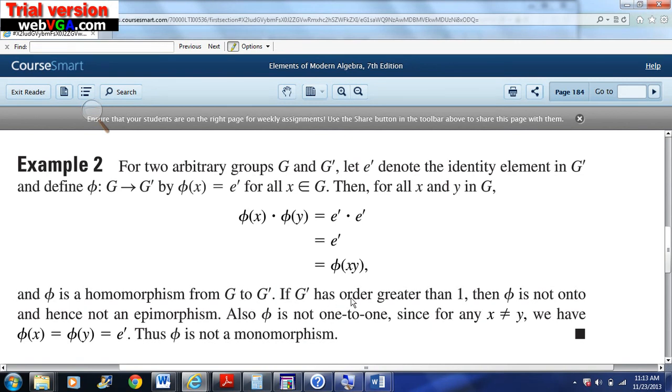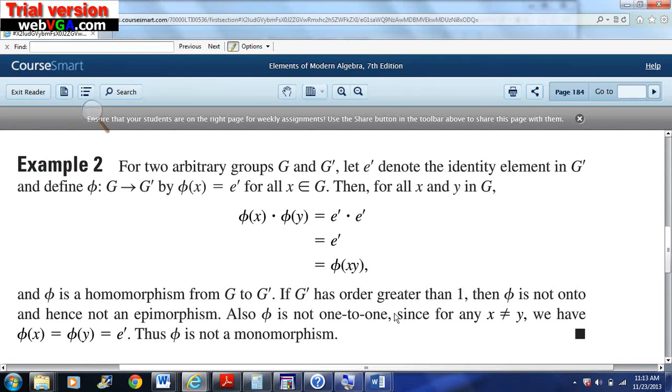If G prime has order greater than 1, that means there are other elements in G prime other than E prime. And phi will not give us those elements because phi of everything that's in G will give us E prime.